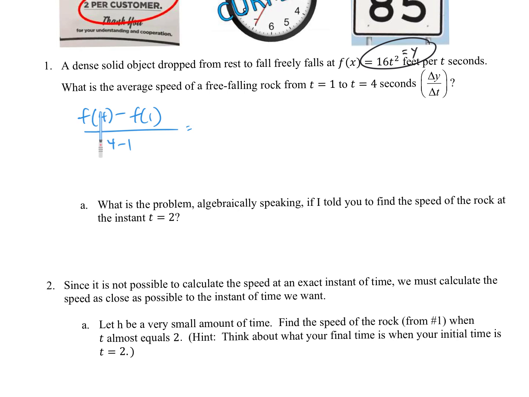Guys, I got to plug in 4 into my f of x function. What is plugging in 4 going to look like there? 16 times, thank you, Teddy, 4 squared minus f of 1? Was that Sev? Sorry, Sev. 16 times 1 squared, all over, what's that going to simplify to be? 3, thanks.